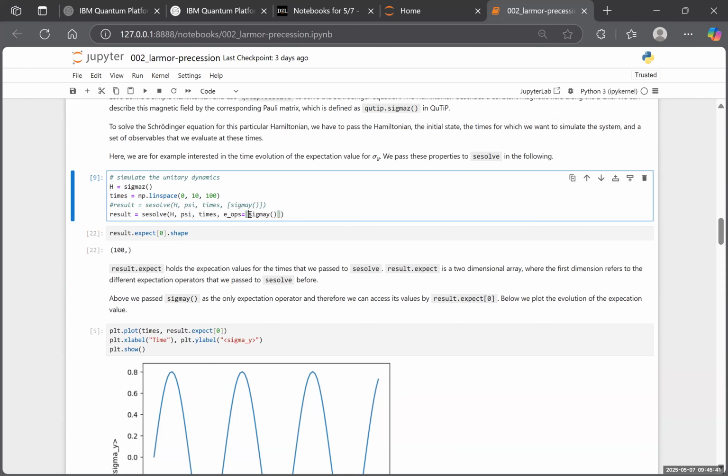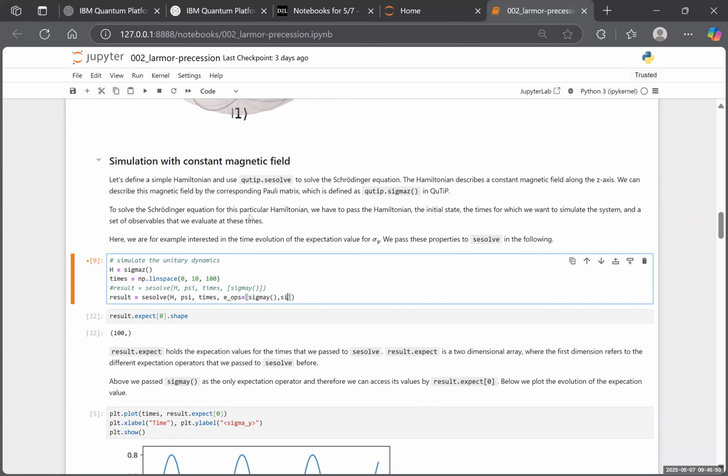Right? We could put sigma x. It was not imported, but let's just say sigma z.